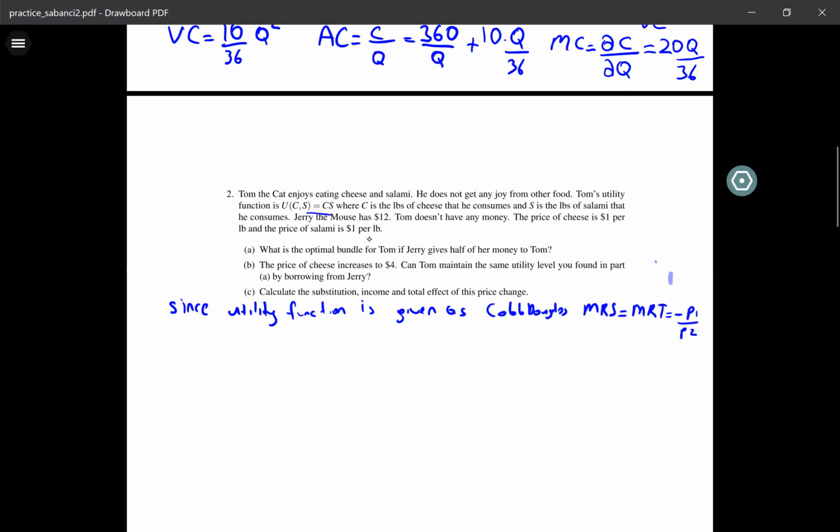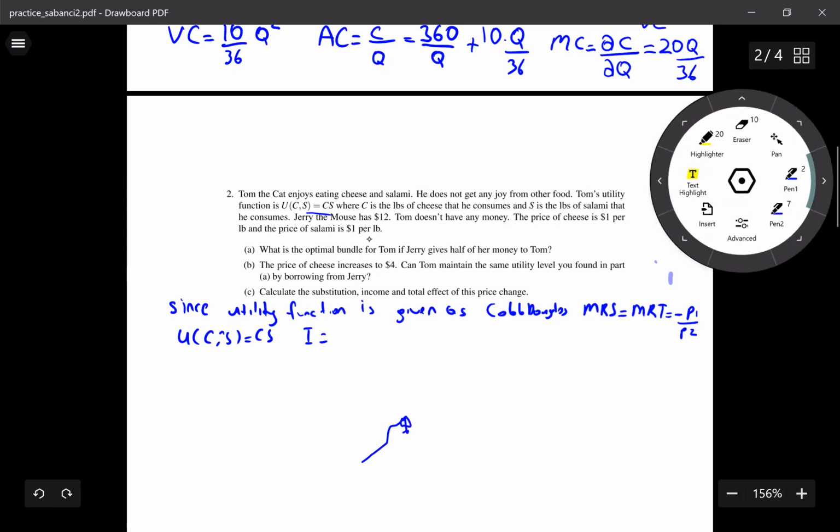Then we have two goods here. The first good is cheese and the second good is salami. Utility is given as this. Income level is given as 12. The price of cheese is 1. The price of salami is 1.